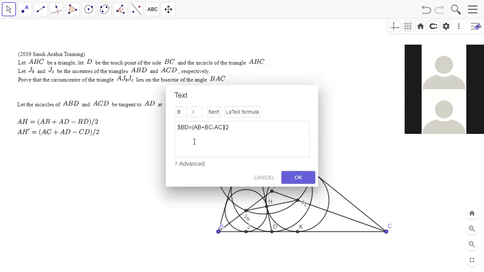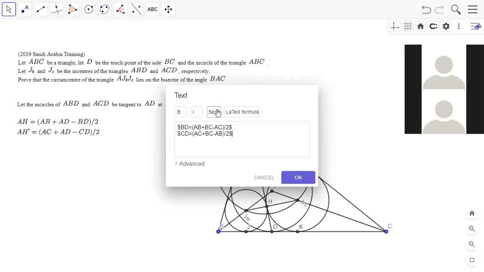And we know that CD is AC plus BC minus AB over 2.